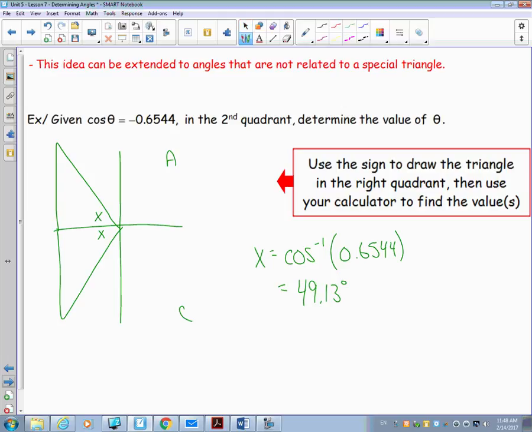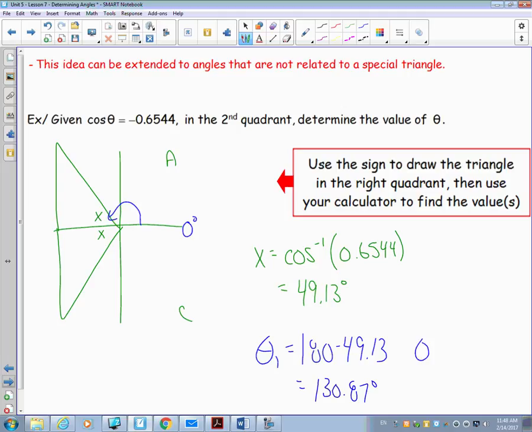That way when I want to find theta, remember theta is measured from 0, I can say that theta number 1 is 180 minus 49.13, or 130.87.